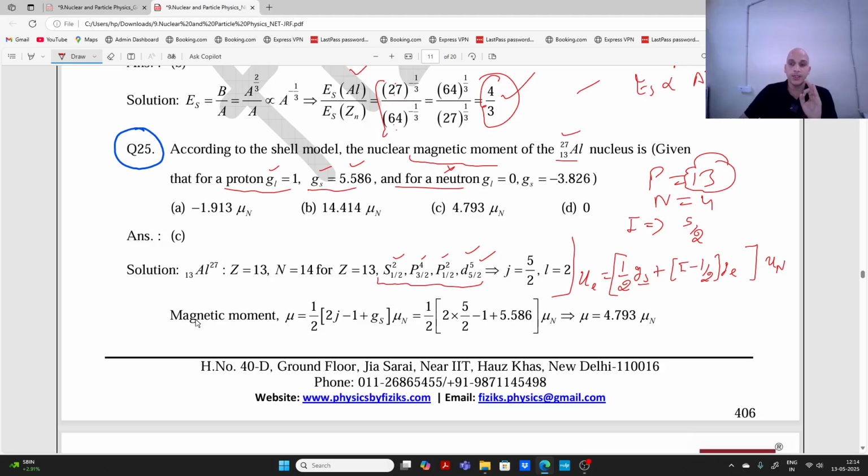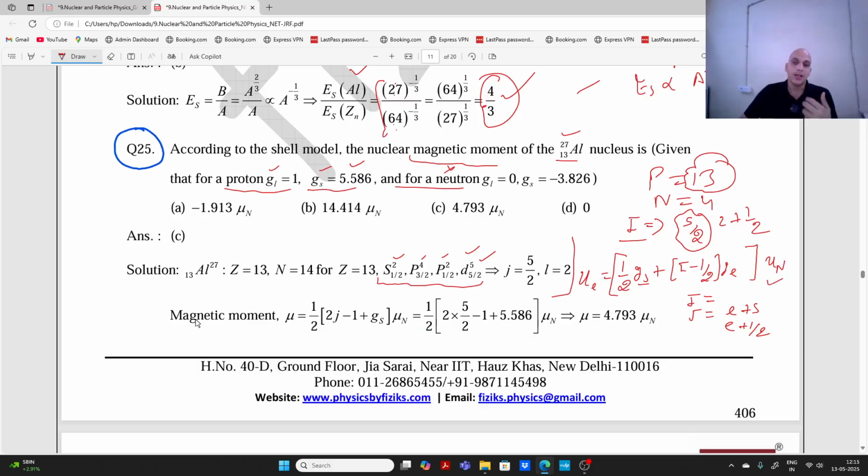And this formula is used for calculating the magnetic dipole moment when we have I, or we can say J, is equal to L plus S, or L plus 1 by 2. So you can see here that I is equal to 5 by 2. 5 by 2 means it is 2 plus 1 by 2, the next term will be 1d 3/2. So it is actually L plus S. So that's why I'm writing this formula.